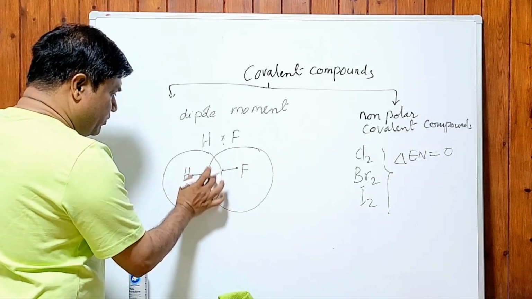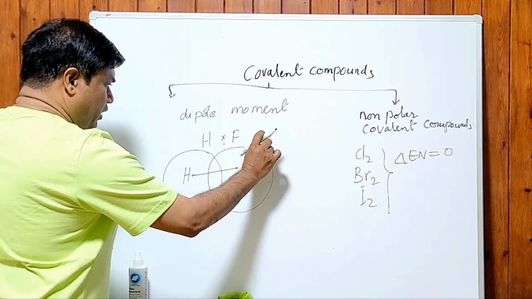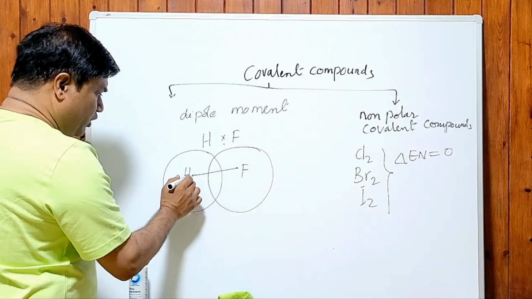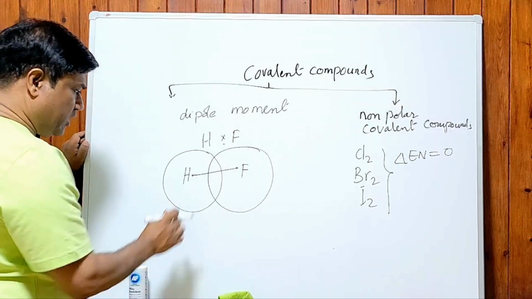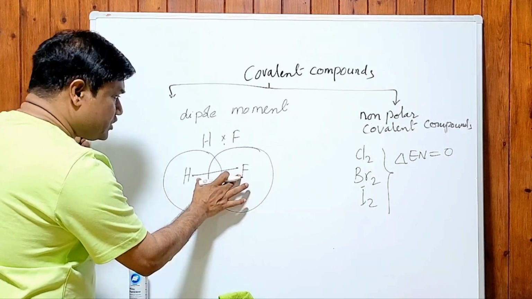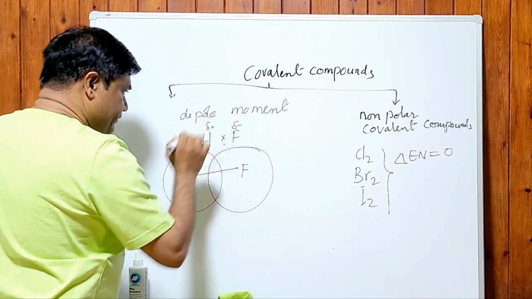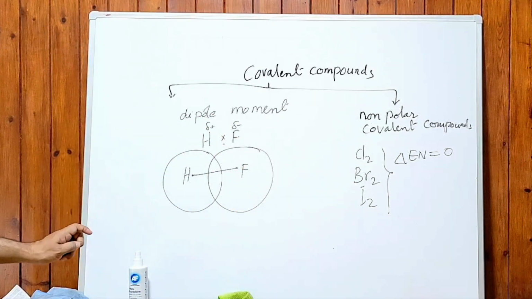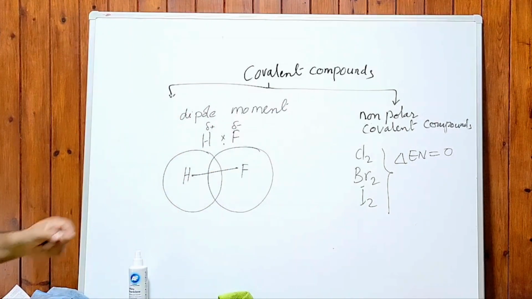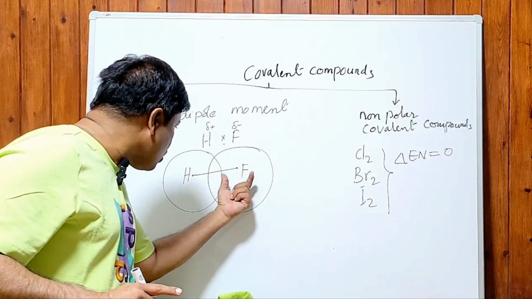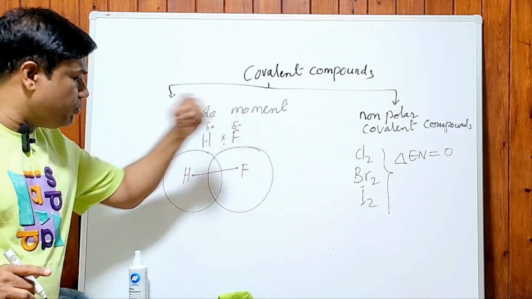So dipole moment is the product of the distance from here to here and the charge separation, the quantity of the charge, partial positive, partial negative. So it is the product of the magnitude of the charges and the interatomic distance. That will give you the dipole moment.